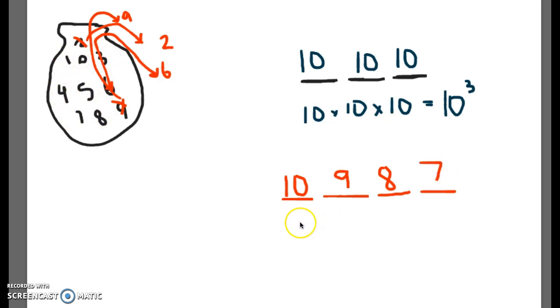And so to find the total possible numbers that I can make, I would take my 10 times my 9 times my 8 times my 7.